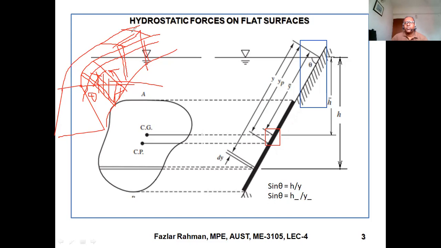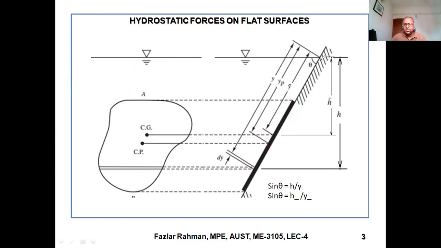Okay. So this is the inclined surface of the dam that I showed you before. And this is the plate. And this much is the inclined length along the dam surface. And this arbitrary shape is AB. This is A, this is B. So obviously it has an area of this plate. It has a location of CG that is shown over here. And also it has a pressure center.